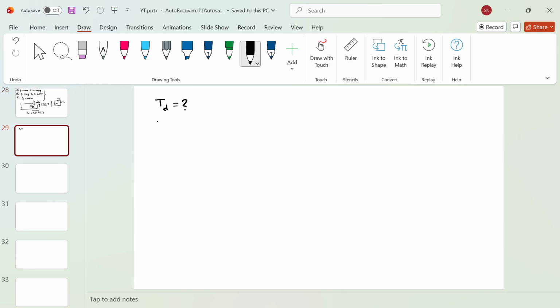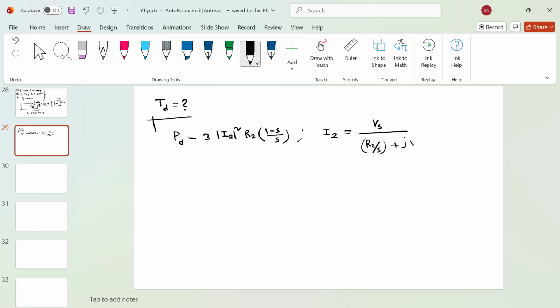So if I write that, my developed power is 3 I2 square R2 (1 minus S) by S, and I2 is nothing but Vs divided by (R2 by S plus jX2). So if I take the magnitude of this I2, it is Vs divided by the square root of (R2 by S) whole square plus X2 square.